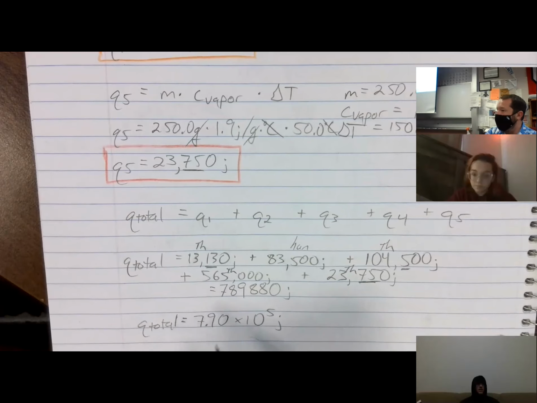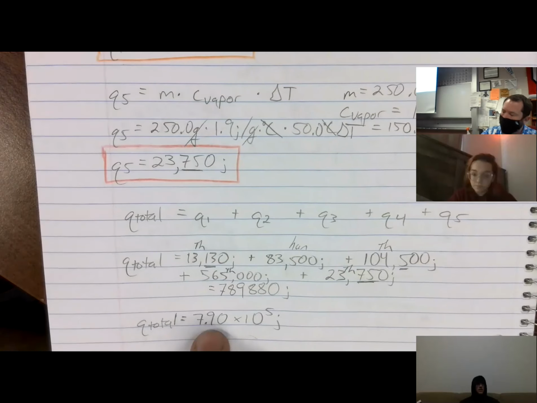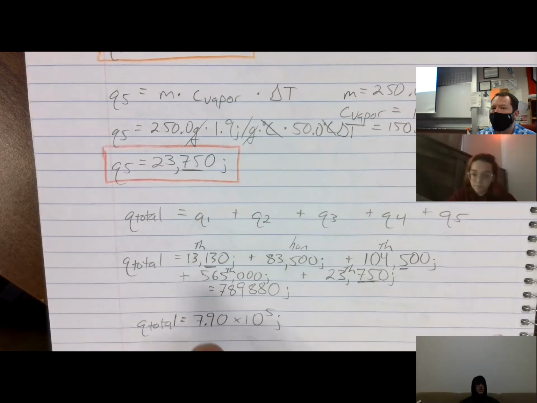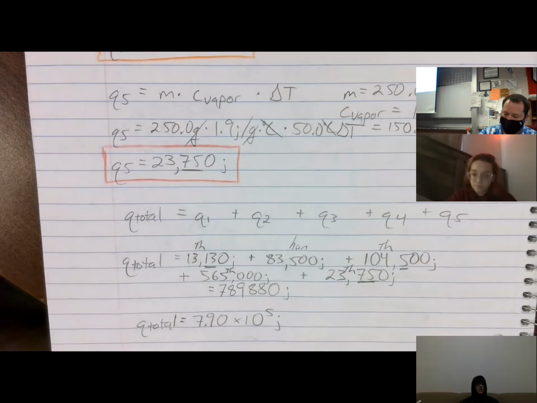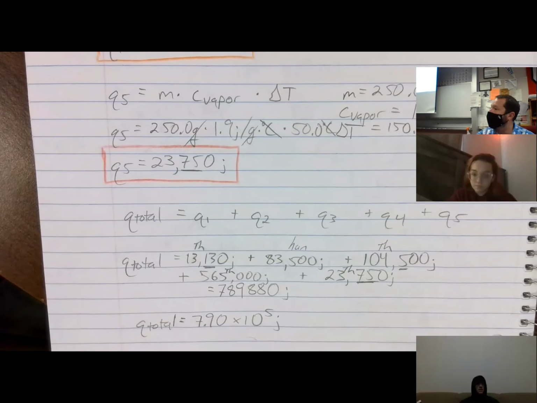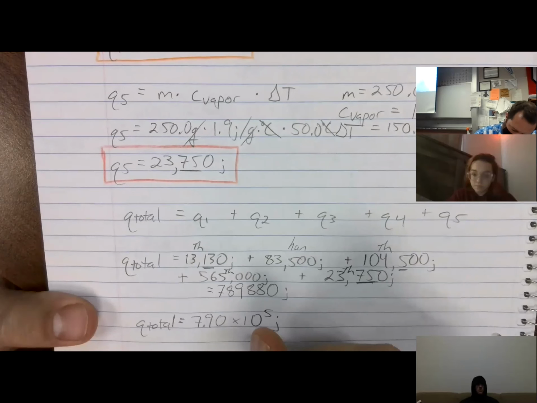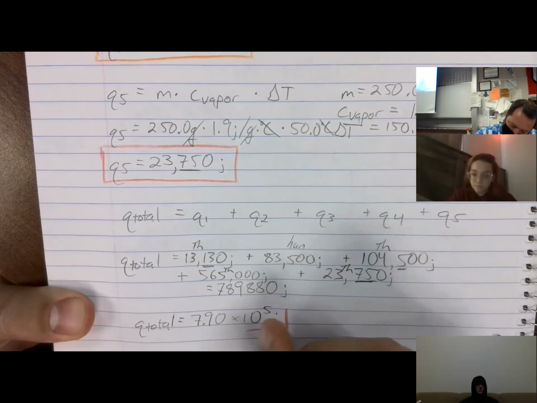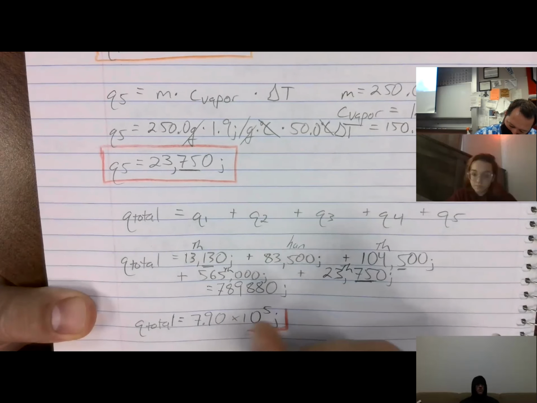So this is one of those odd ones that has to be written in scientific notation. Otherwise, there's no way that digit right there could be significant without making the numbers after it significant. So kind of a little interesting one there, but there we go. It's about 790,000 joules. That's a pretty good amount of energy.